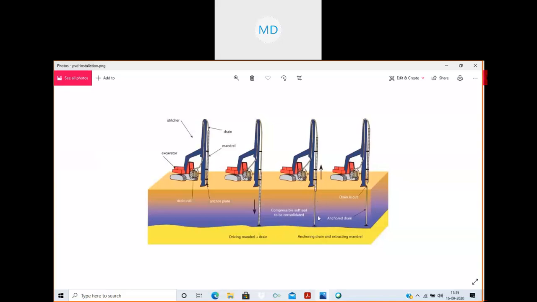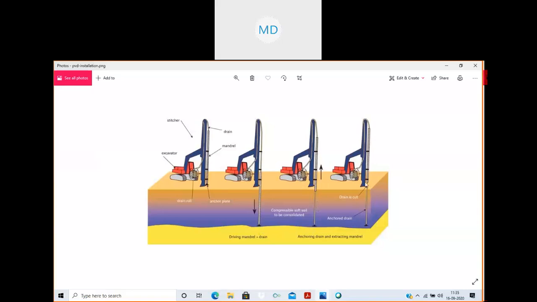Then the drain is kept and the mandrel is withdrawn. The arrow shows the mandrel is withdrawn and the drain is allowed to stay in place. Up to a certain height, the drain is shown above the surface. You can see the surface and the drain at the surface part, and then it is cut and separated.